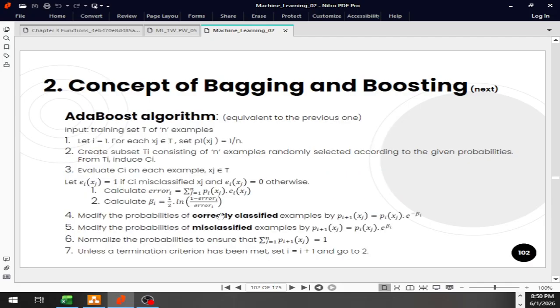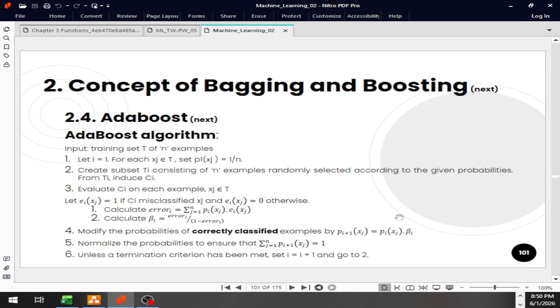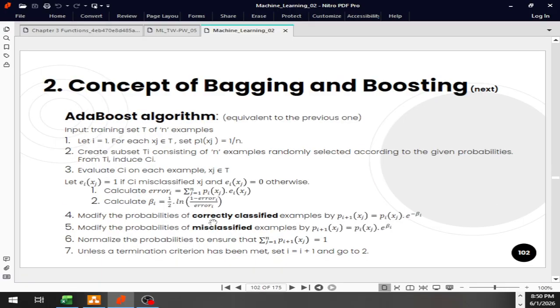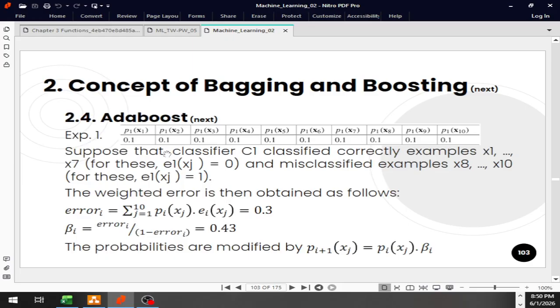So we got the error, then we calculated the beta of the error, then we did this multiplication using this formula or this one. They are just a variation. So what you should take from here is that it reduces the well classified, it doesn't touch the misclassified.